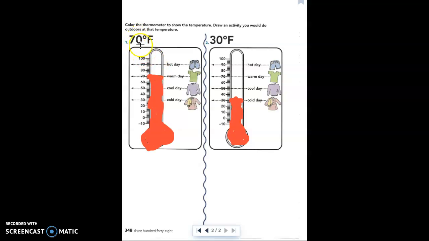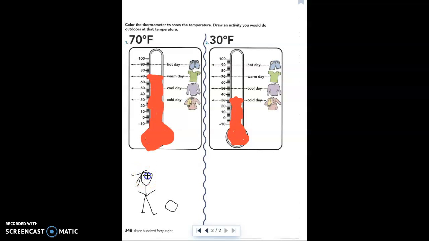Well, if the temperature is 70, I can look over here at these pictures and I know it's a warm day. So something I might do when it's 70 degrees is play outside. Okay, so I'm going to be outside and I'm going to be playing soccer. Here's my soccer ball. And here's my hair just hanging out, looking great.